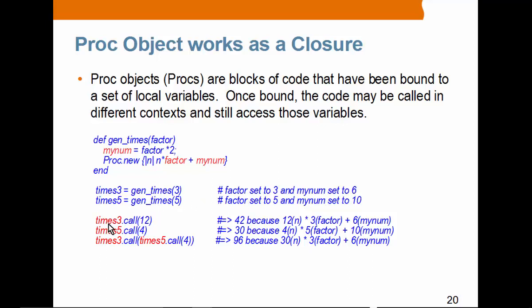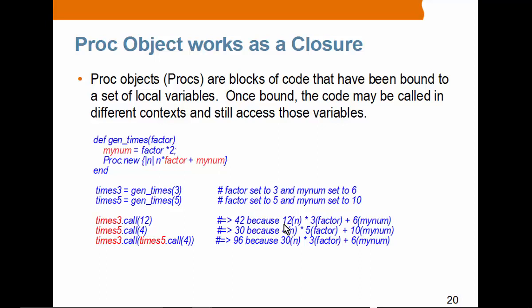When we call time3.call 12, we are actually calling this proc object using the call method, passing 12. This 12 is the n number, used as an argument. The value it will return is 42 because 12 is n, but it remembers factor and mynum, which are 3 and 6.